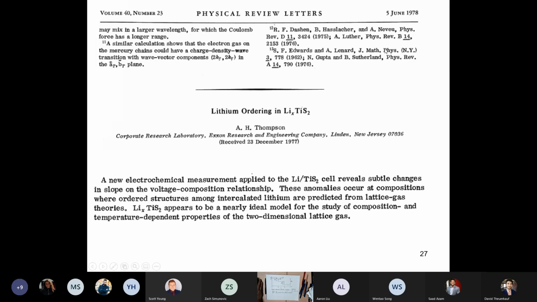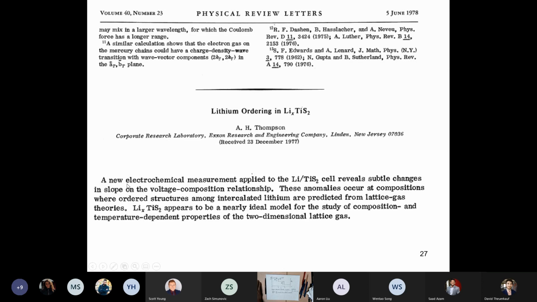So there was this paper, 1978. Arthur Thompson worked in the same research group as Stan Whittingham, our Nobel Prize winner, just down the hall from each other. And it's very strange that Whittingham is not a co-author on this paper. I don't know quite why.